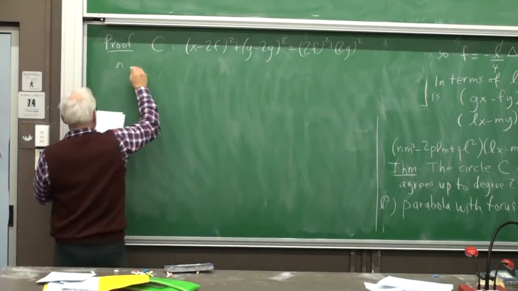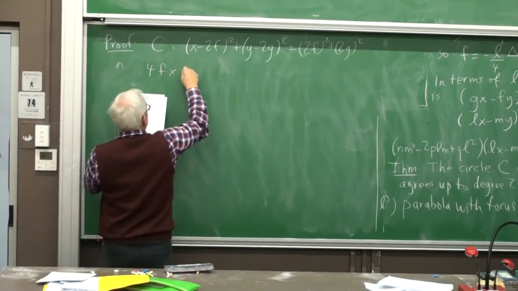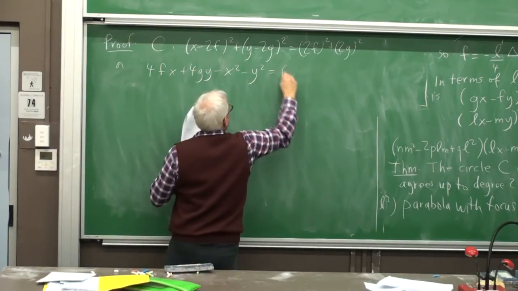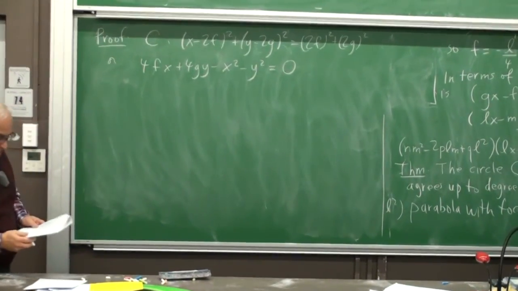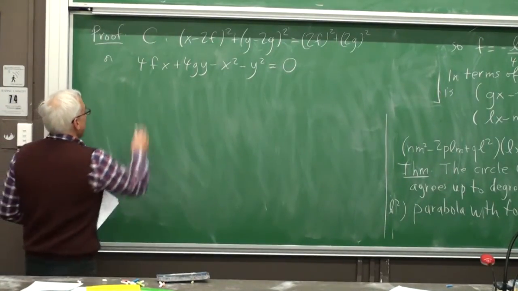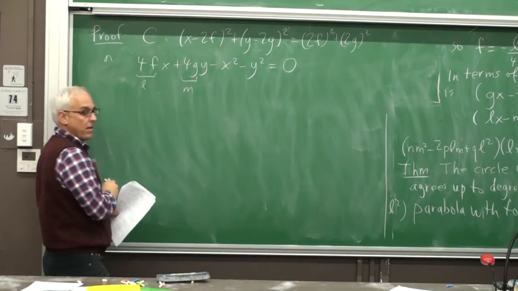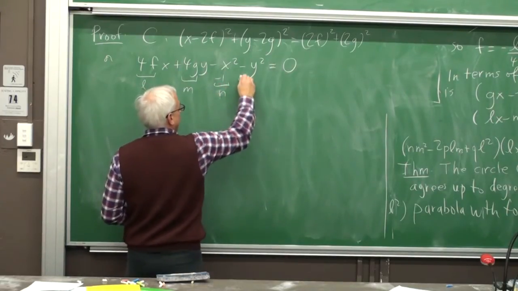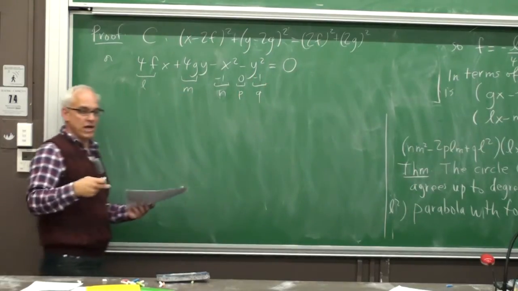And that becomes 4fx plus 4gy minus x squared minus y squared equals 0, if I write it in the same standard form as I did for the general conic. So this is a situation where this 4f is playing the role of our L, the 4g is playing the role of the M, the minus 1 is the N. There's a 0 for a P, and there's a minus 1 for a Q in our notation of the general conic.